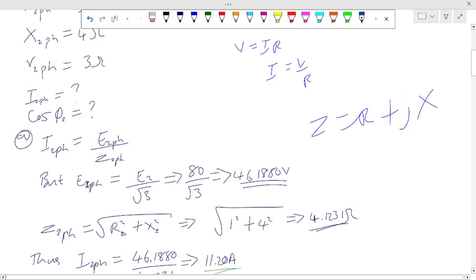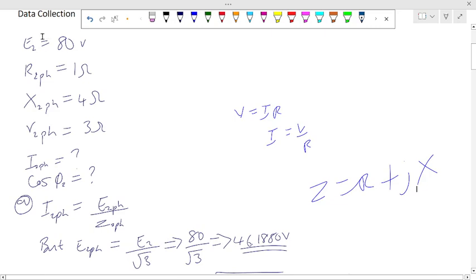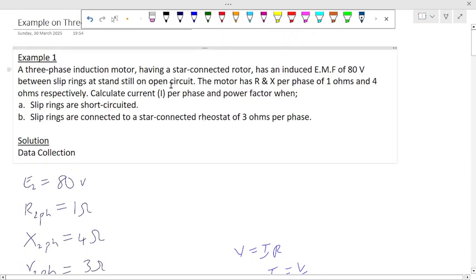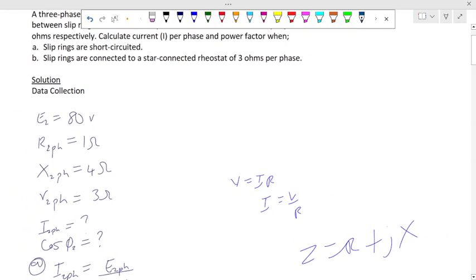Now let's find this one. The rotor EMF per phase equals the rotor EMF over √3. Where are we getting this √3 from? This is what we have as our rotor EMF, but we are dealing with a star connected rotor. We already have a video where we talked about the different connections, star connected and delta connected.